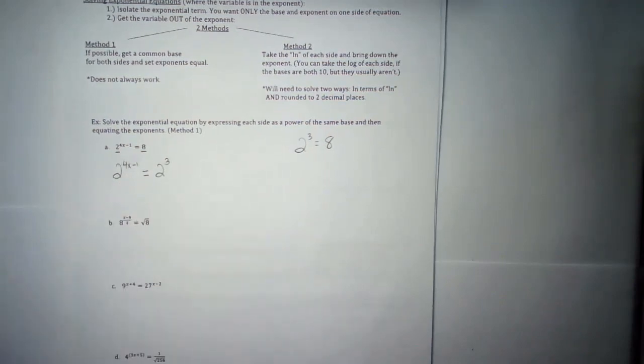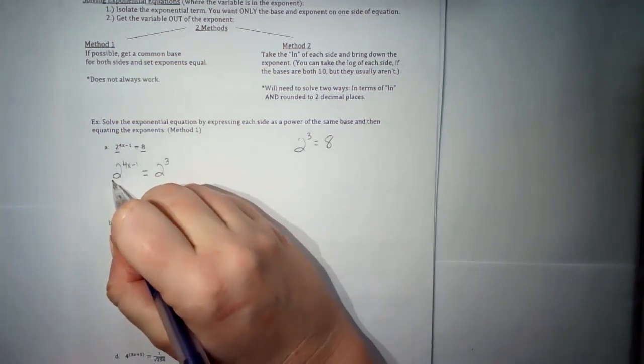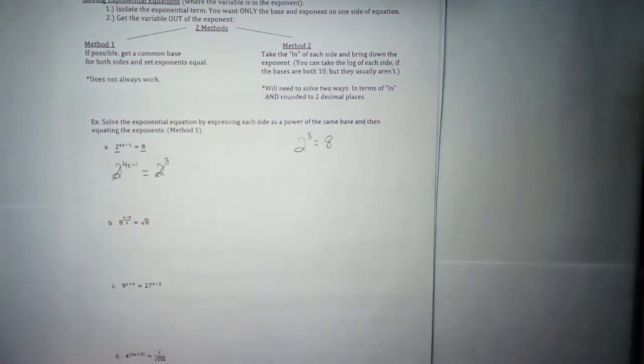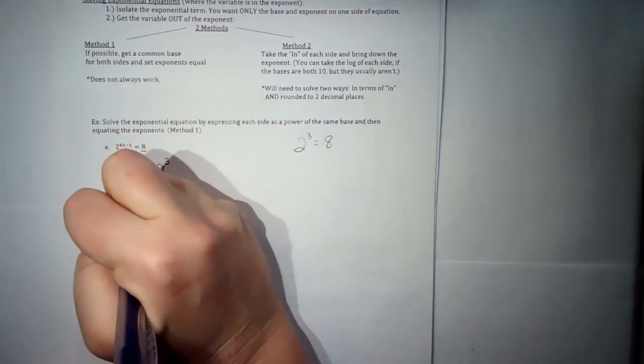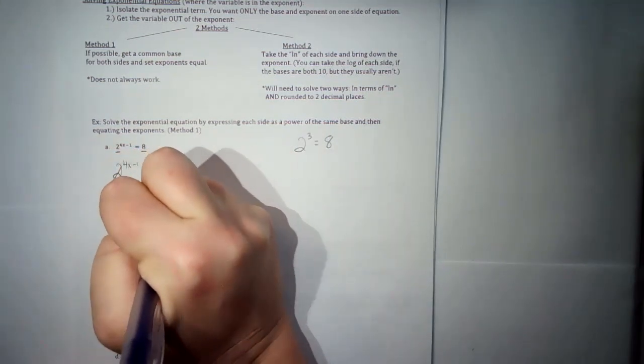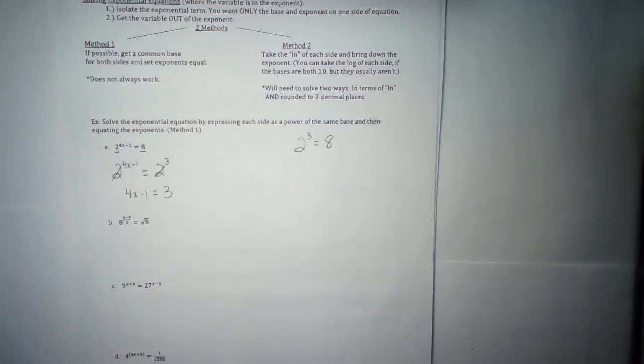See what we did there? Okay. So if that's the case, your bases cancel and your exponents come down and we set them equal and then we solve it like a normal little equation. And that's it. Yeah, it's not too bad.